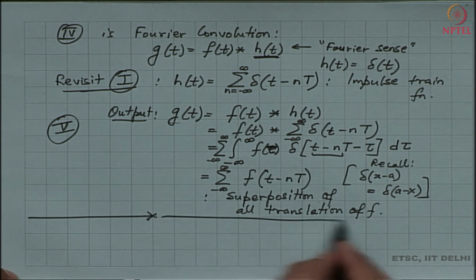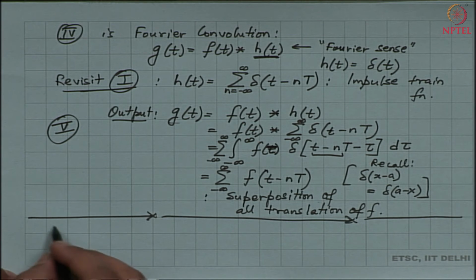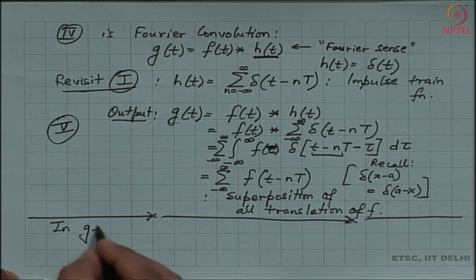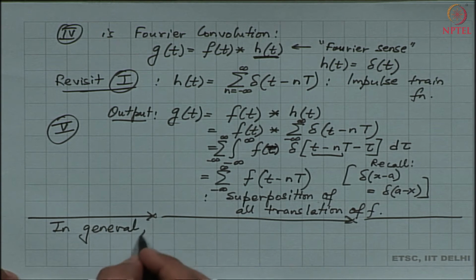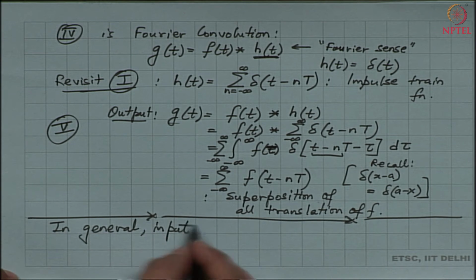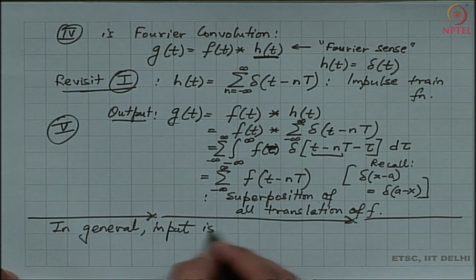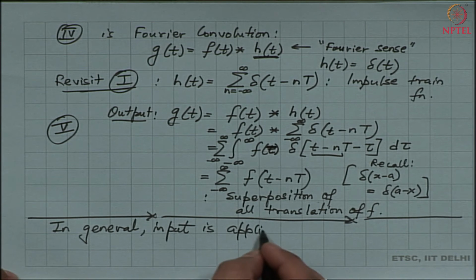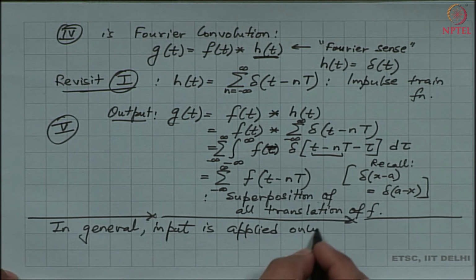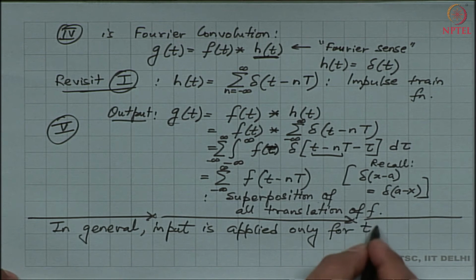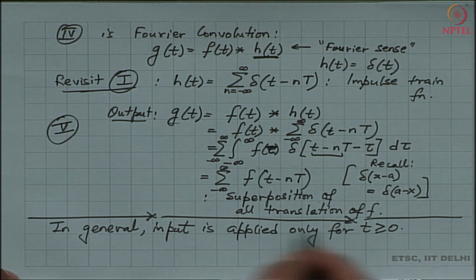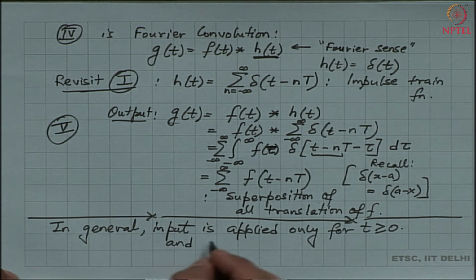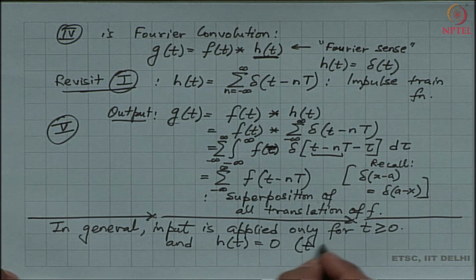So, what I just said is the following. In general, my input is applied only for t greater than or equal to 0, and h of t is 0 for t less than 0.